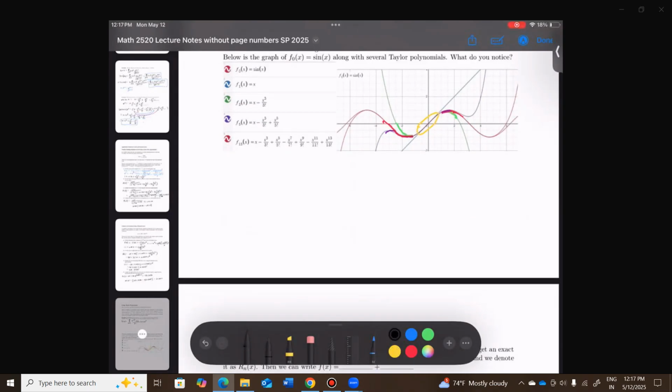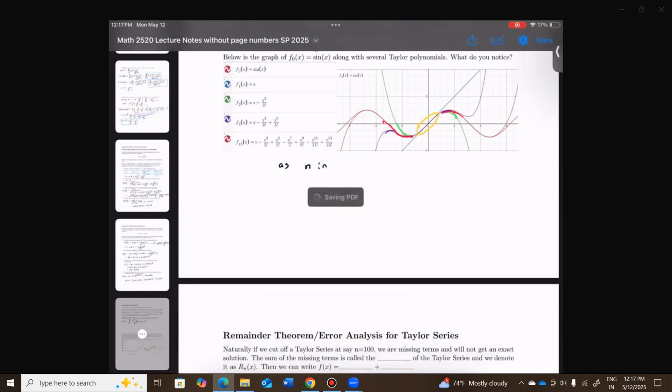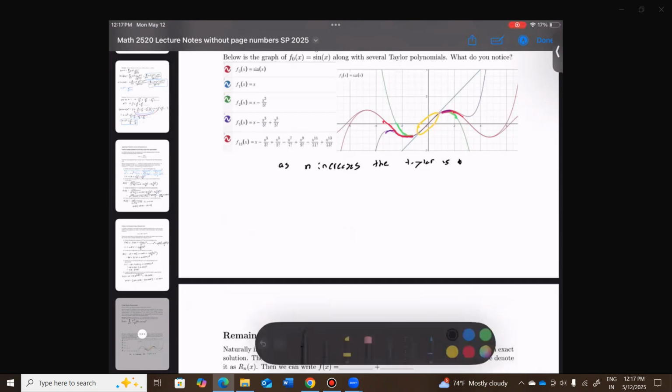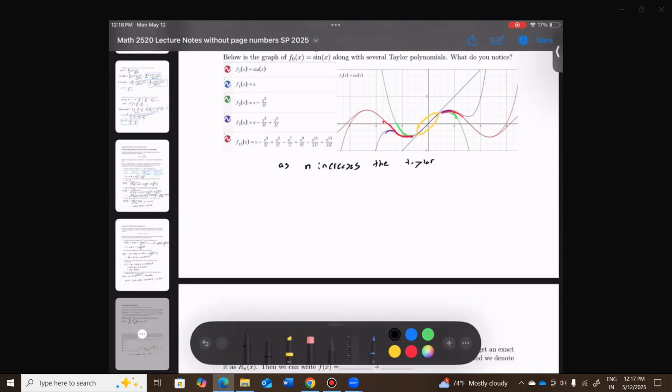So as n increases, the Taylor series becomes a better approximation.